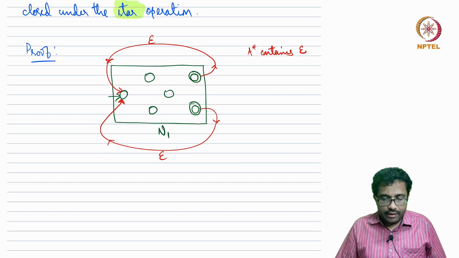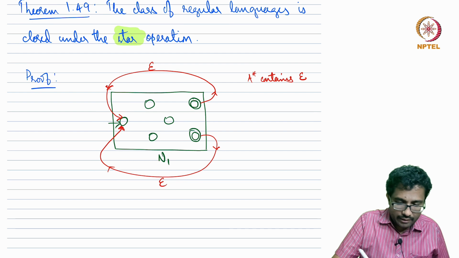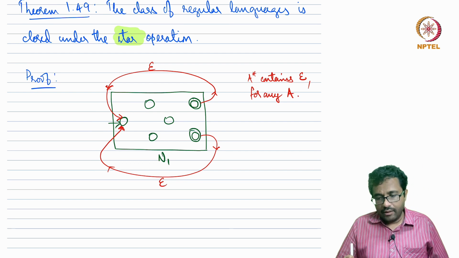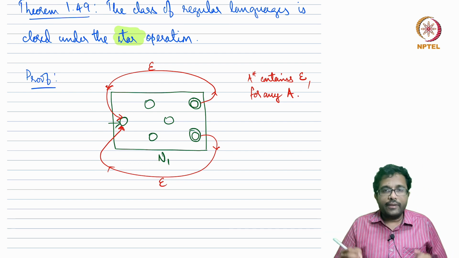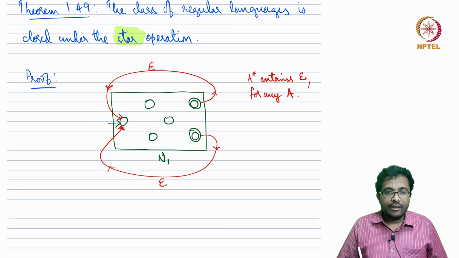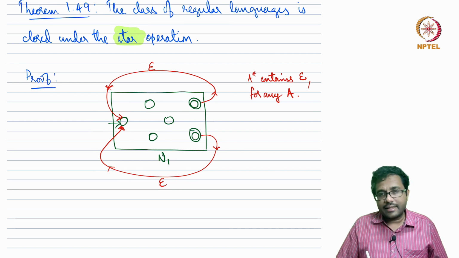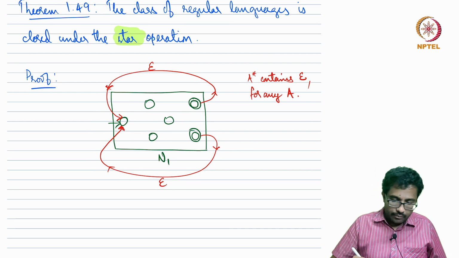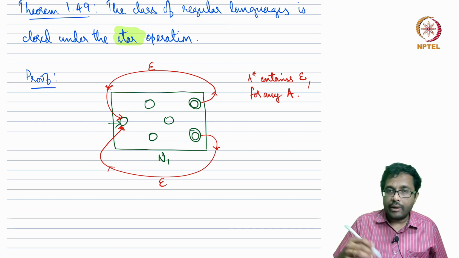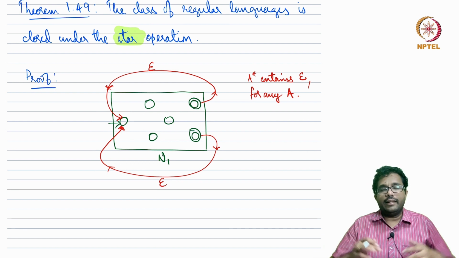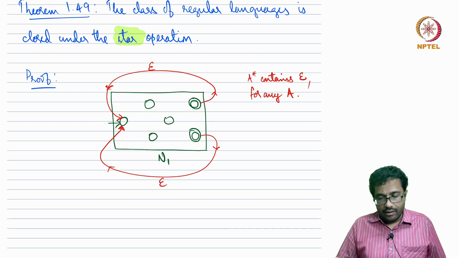So for any language A, A star contains the empty string. But if the empty string has to be accepted, there is only one way. You have to have the start state as an accepting state, or you should have an epsilon transition from the start state to another state which is accepting. But we don't know, since we just took a general language A and the NFA corresponding to it, N1, whether these properties are satisfied in this NFA, right?